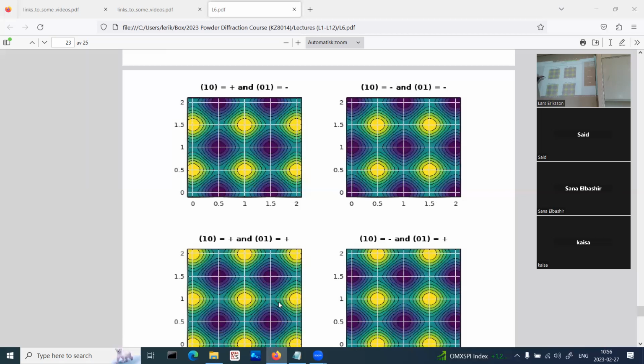So if we take 1, 0 and 0, 1, then if we combine these two, we have a diagonal vector also. And the phase of the diagonal vector should be, according to the rule, plus times minus.